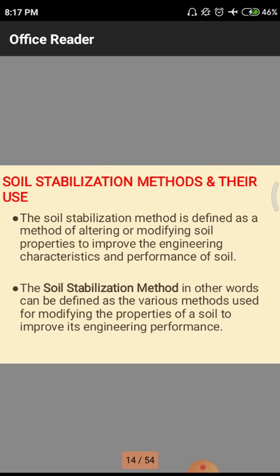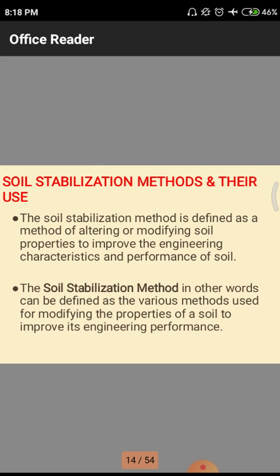That means it is soil or cement or any other chemical, whatever it may be, we have to add, and we need to obtain a good quantity of strength in the soil, especially in the form of engineering properties, to improve the performance characteristics of a soil. Performance means whenever we observe the soil performance, we are giving a load to the soil.